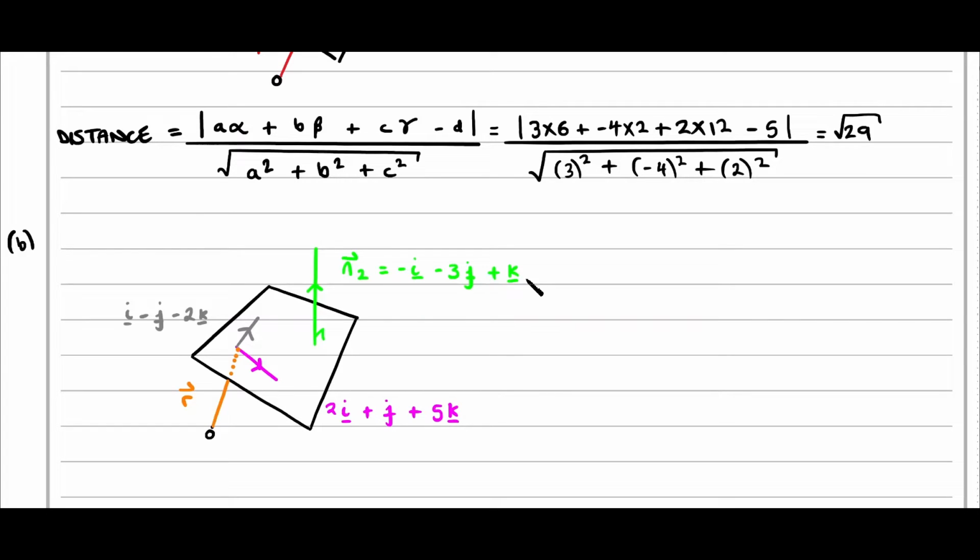So we want to show that the vector shown in green over here is perpendicular to the plane, and we can do that by taking the dot product between n2 and these vectors shown here.